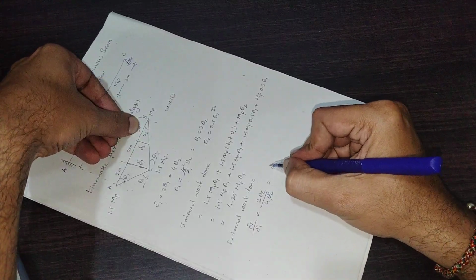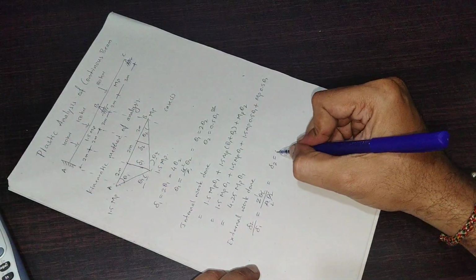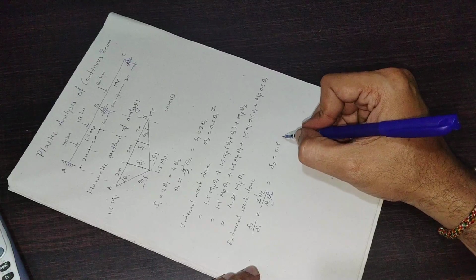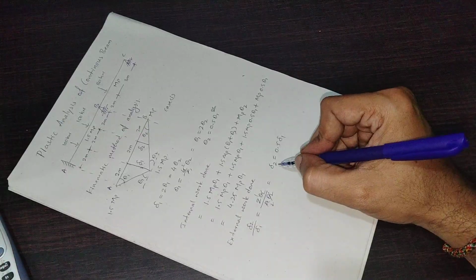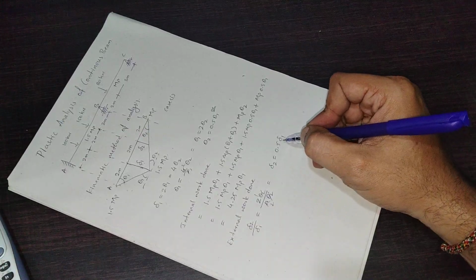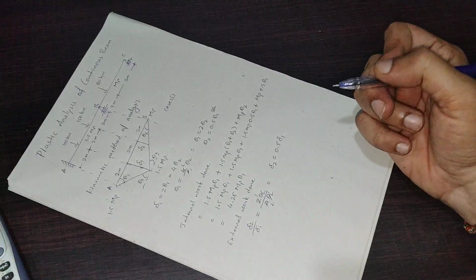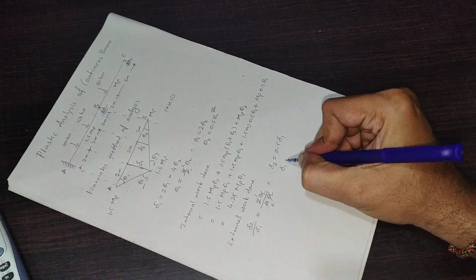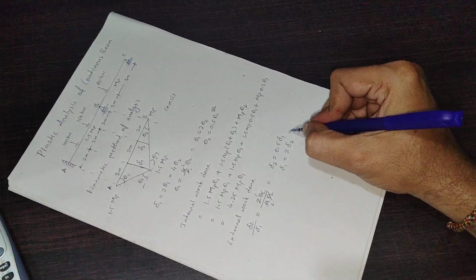So delta 2 can be written as 0.5 delta 1, or delta 1 can be written as 2 delta 2.